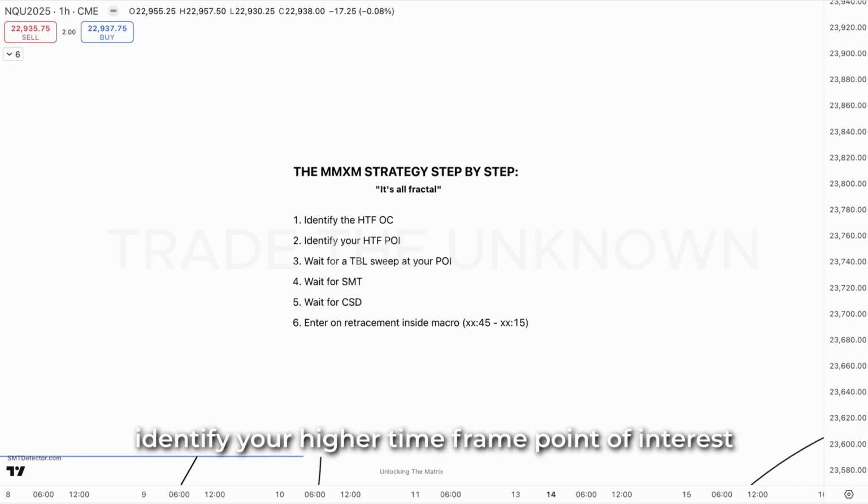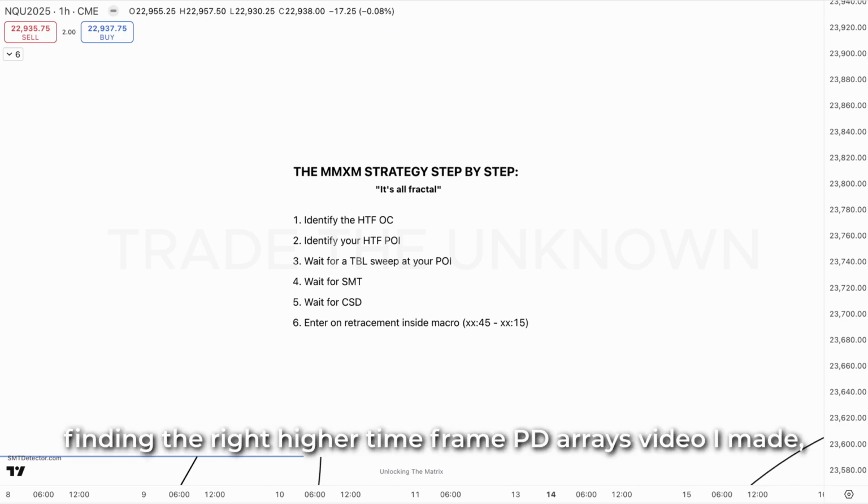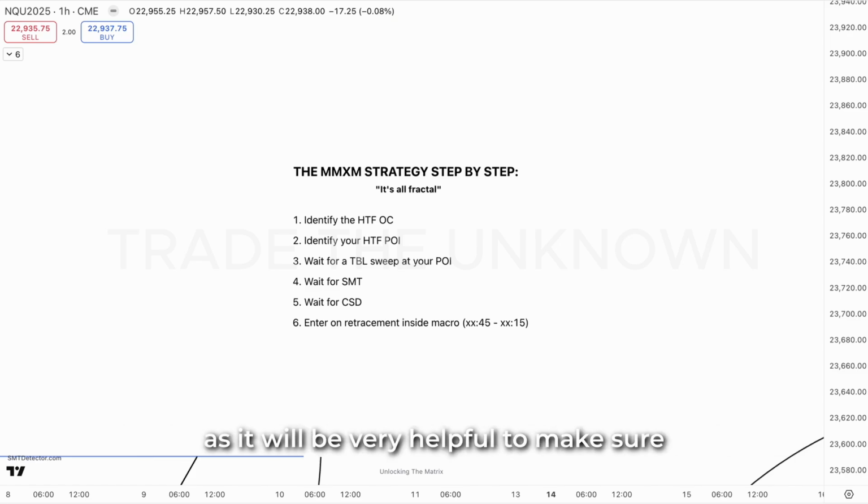Step number two, identify your higher time frame point of interest, where we have a higher time frame PD array. I highly suggest you go and watch the finding the right higher time frame PD arrays video I made, as it will be very helpful to make sure you understand what point of interest is actually going to be valid. Step number three, you wait for a time-based liquidity sweep at your point of interest.